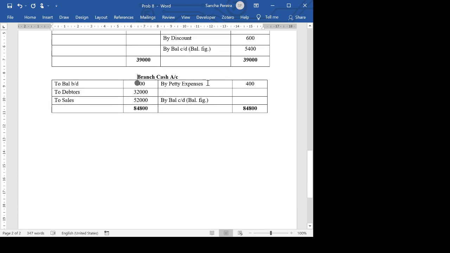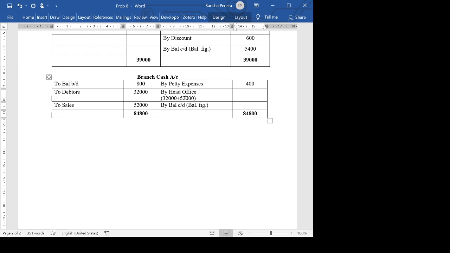If we don't show it on the other side, we will have a huge balance of cash. So these amounts have been sent to the head office. So I'm going to show it this way, by head office, 32,000 plus 52,000, which comes to 84,000.